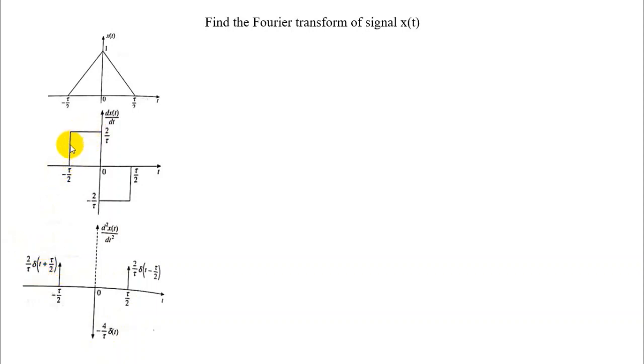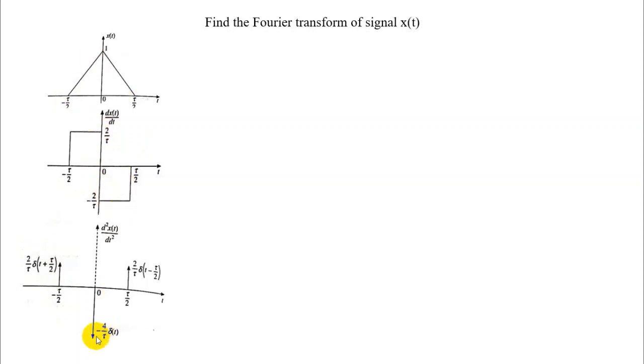This was the magnitude 2/τ. We know that the unit impulse is present at the origin, but already it has been shifted to t equal to minus τ/2. So ultimately this signal can be represented by δ(t + τ/2) having the magnitude 2/τ.